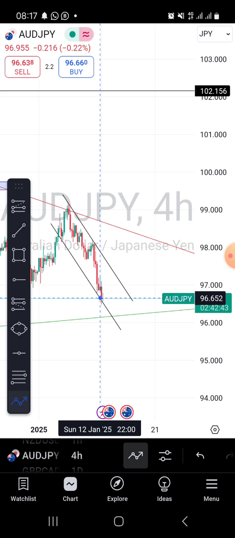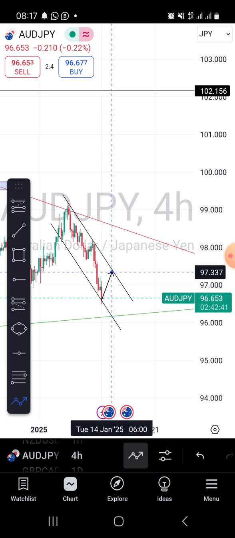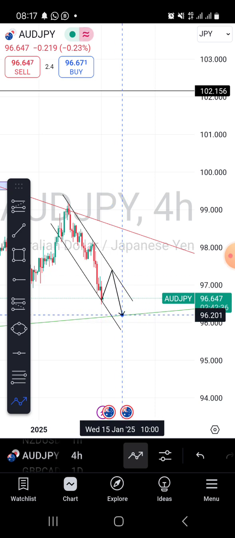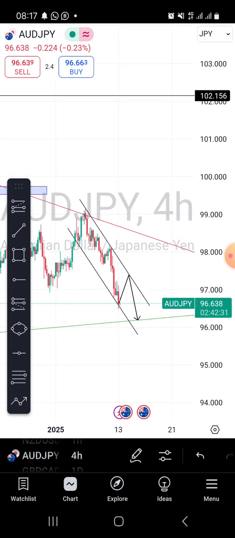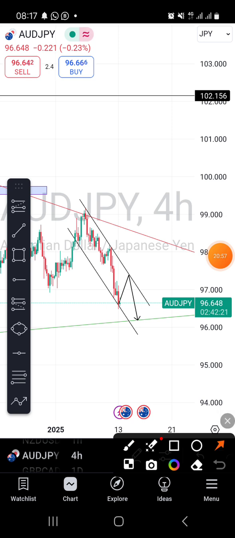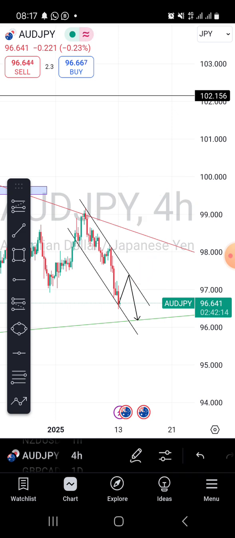So if you have a possible pullback to touch this downtrend line, then we short at least to this point. And that will also be the third touch on this downtrend line. We've gotten our first two touches, point 1, point 2, and this point 3 will be our possible entry for AUDJPY. So that is that about that.